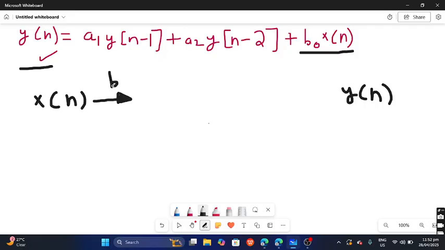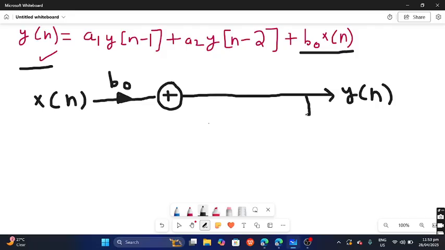We will multiply it and apply an addition, because x n and b naught multiplied become b naught x n. Now join this. Okay, it is y of n.